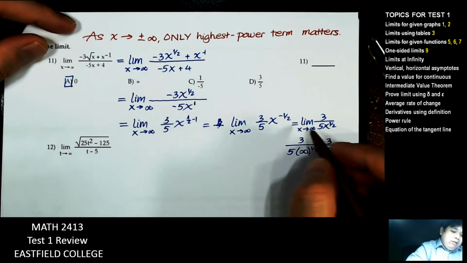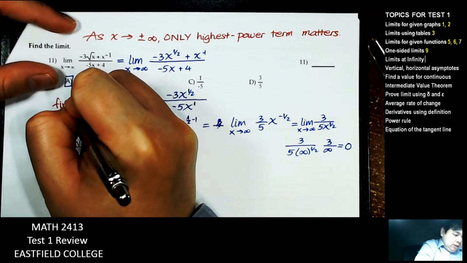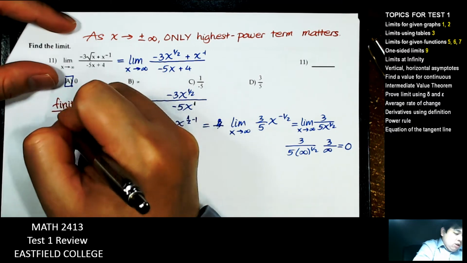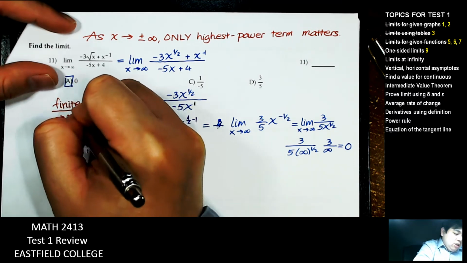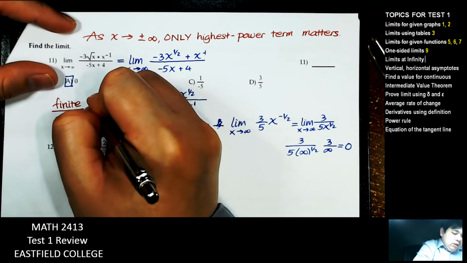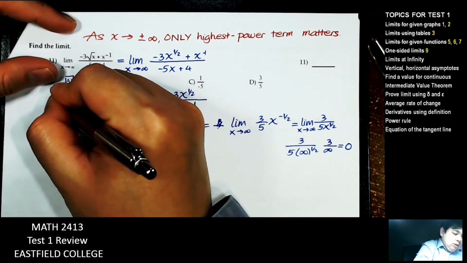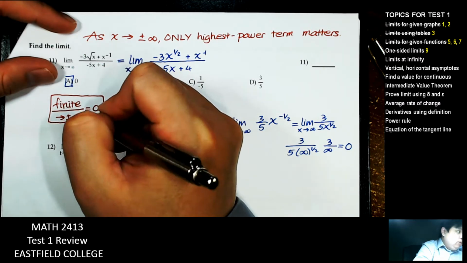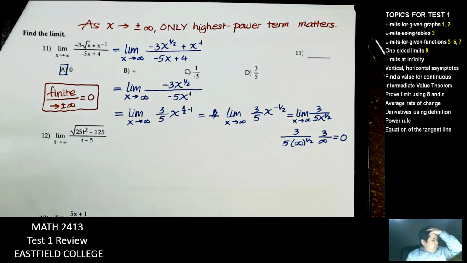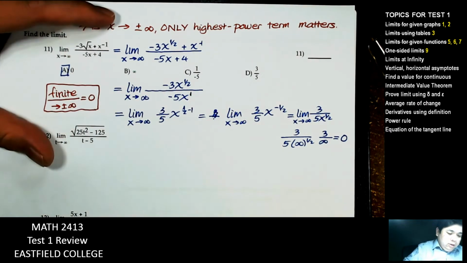Now, what we have here is a finite number divided by something that goes to plus or minus infinity, which will be equal to 0.